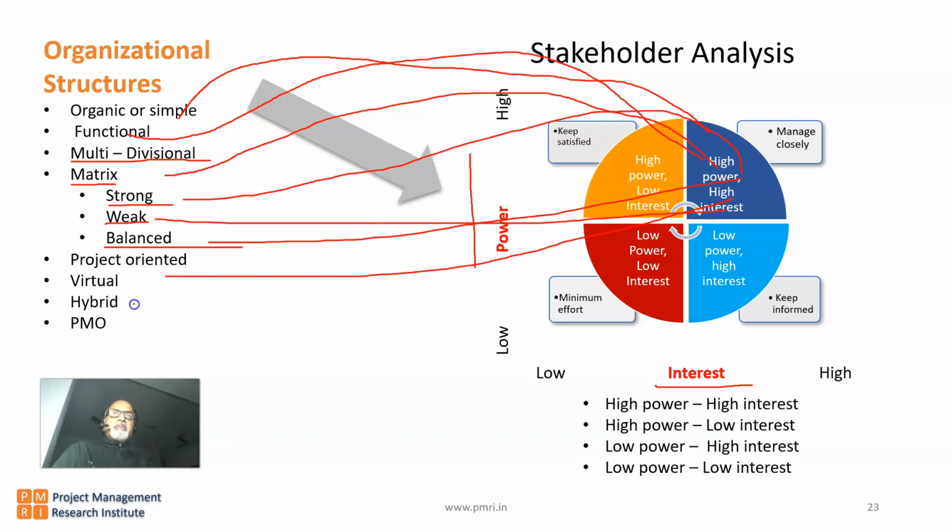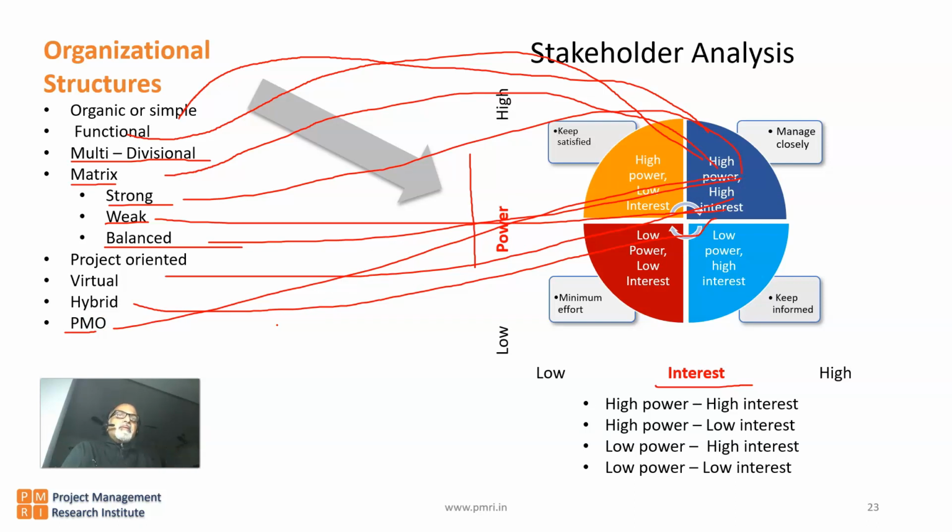Hybrid, it could be anything, because department wise the organization structures can differ. So based on the organization types, they may fall into any of these 4 categories. And in PMO, the PMO chief will be part of high power, high interest category.